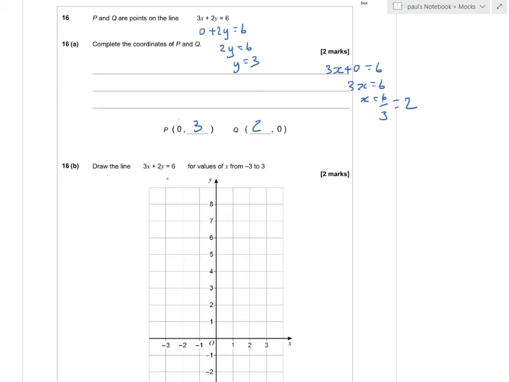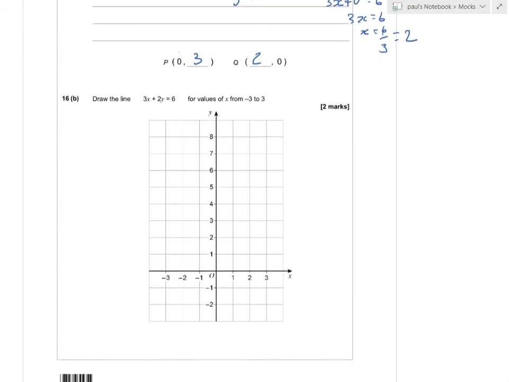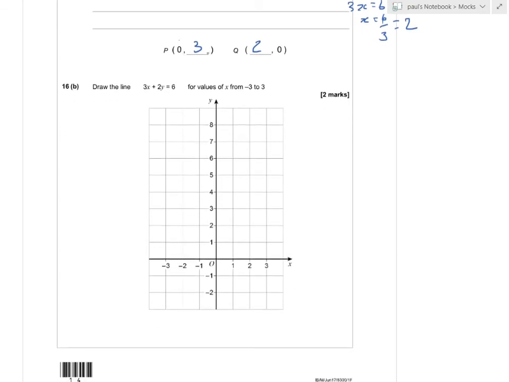Okay, now what we've got to do is plot that. You can plot that because we've got two coordinates here. So we've got 0, 3. So 0, 3 is there, and 2, 0 is there. Now we've got to plot from minus 3, which is over there, to 3.